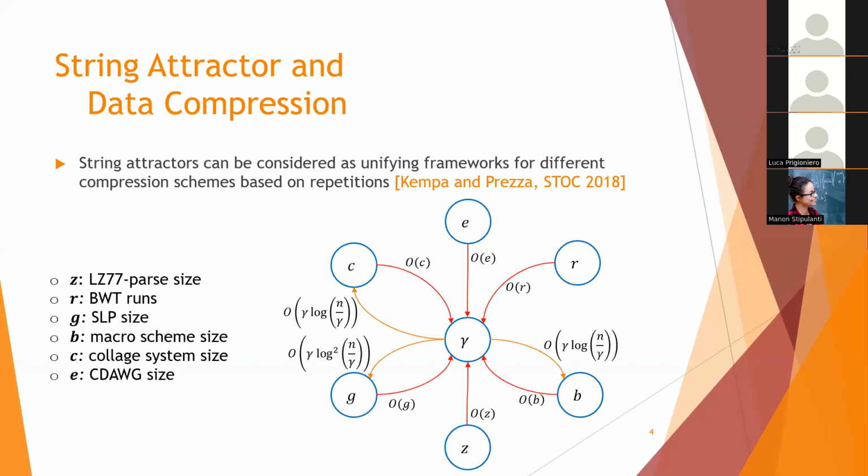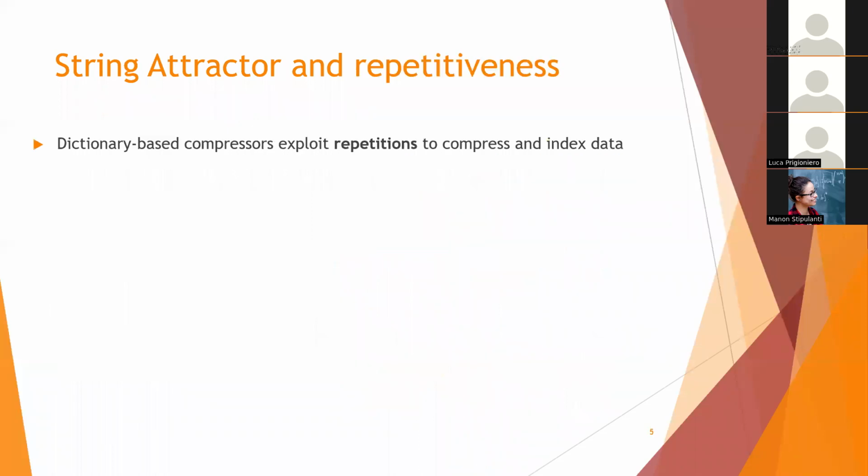They proved that for these compression schemes applied to a word, each implicitly induces a string attractor. These compressors are the so-called dictionary-based compressors, and basically they exploit repetitions in order to compress and index data.